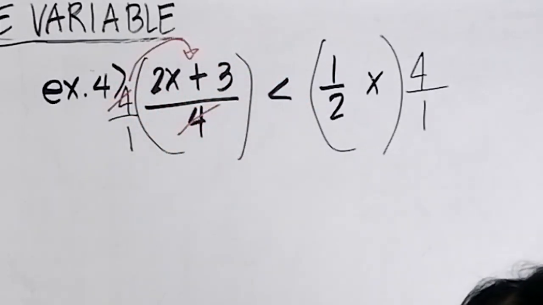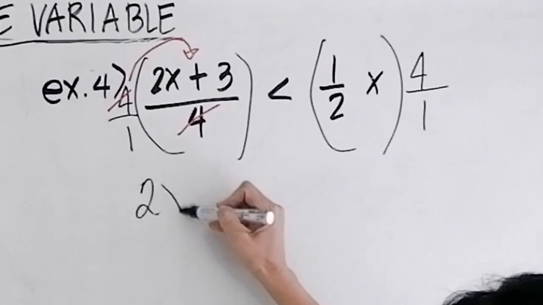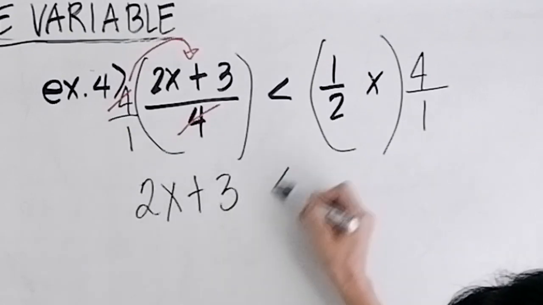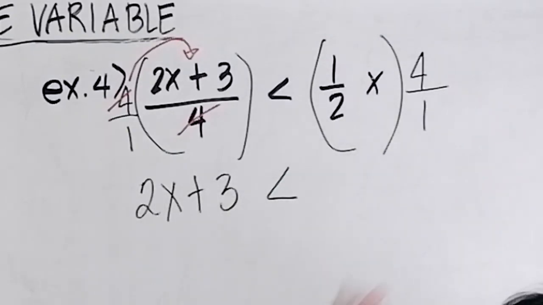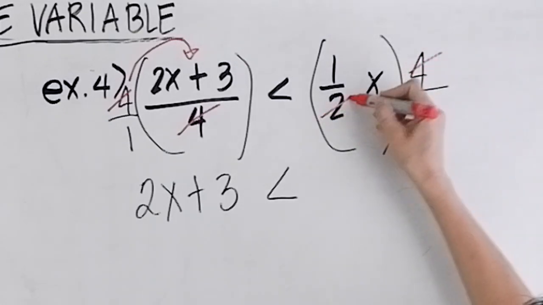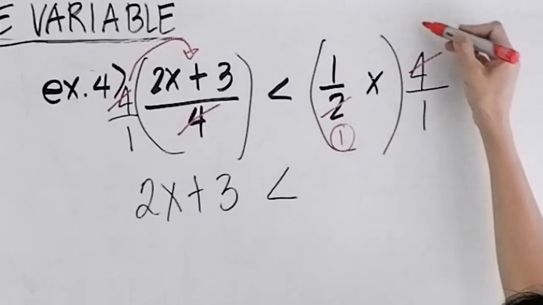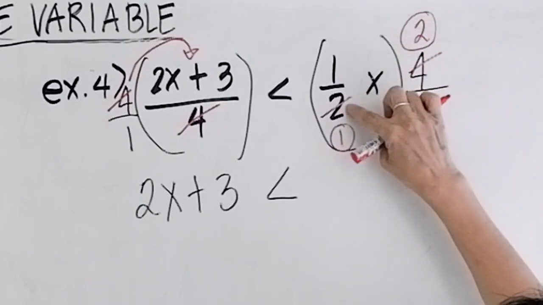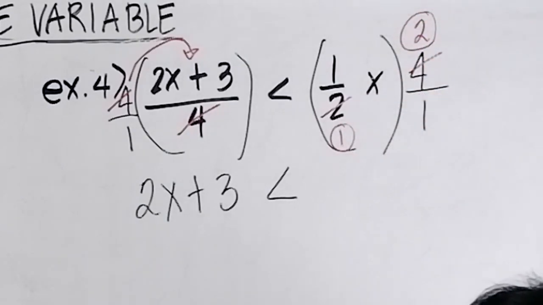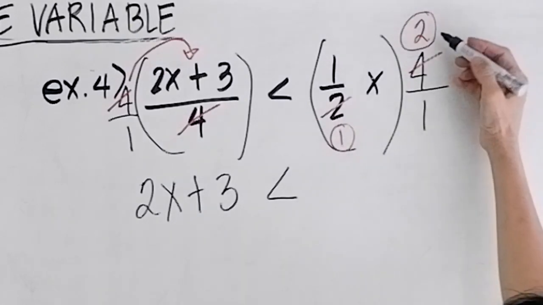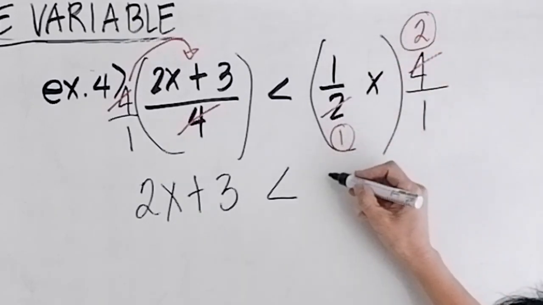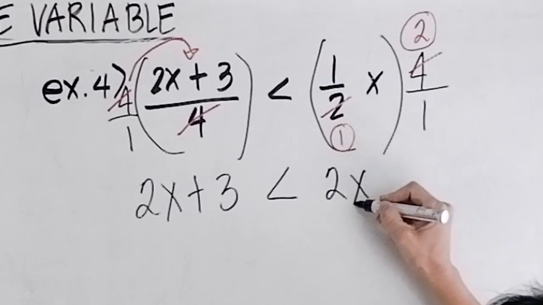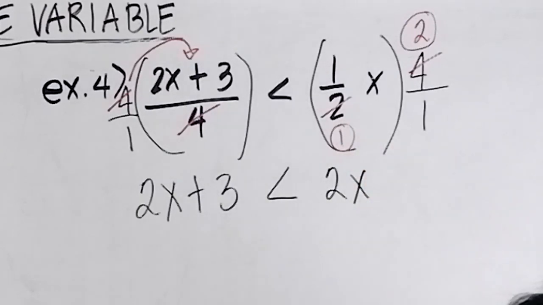And you are left with 2x plus 3 is less than, again, 4 divided by 2 gives you a 2 here. Again, 4 divided by 2 is 2, 2 divided by 2 is 1. So now you're left with 2 times 1 is 2 times x over 1 times 1 is 1.